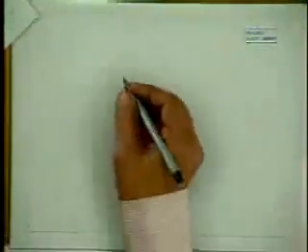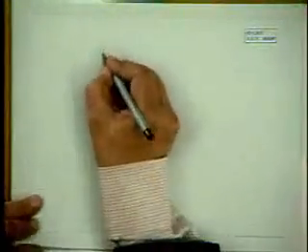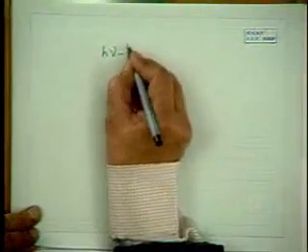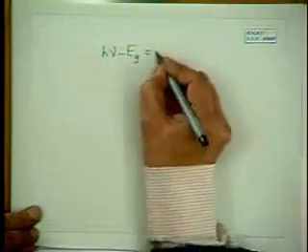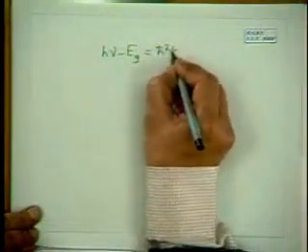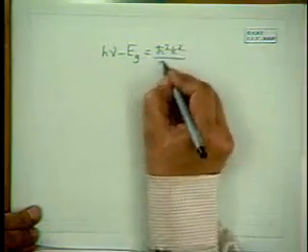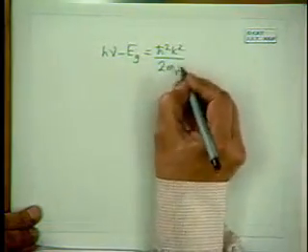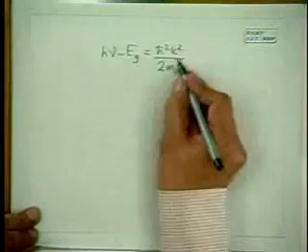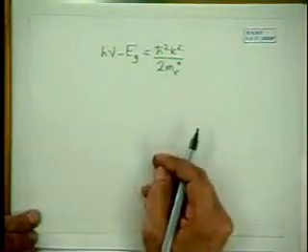So we can write this relation as h nu minus Eg is equal to h squared k squared by twice mr star, where mr is the reduced effective mass.